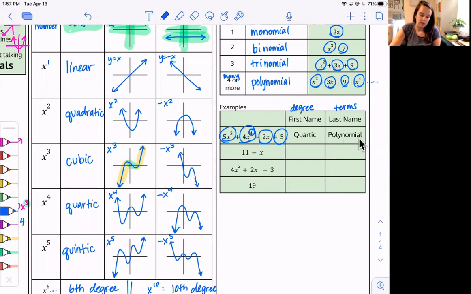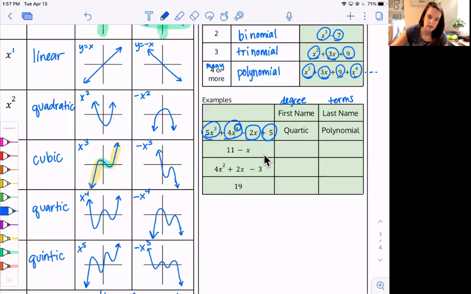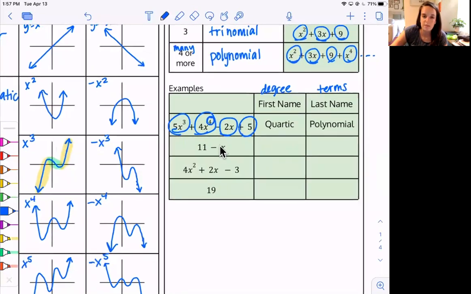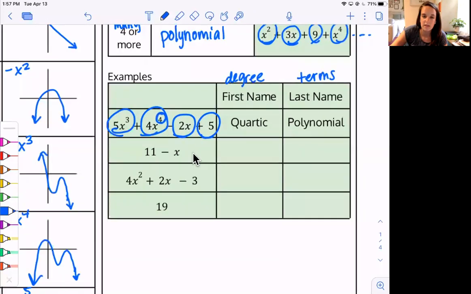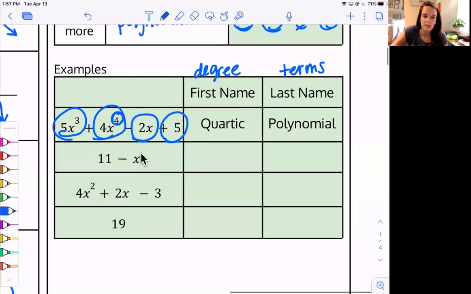Awesome. Okay, so let's think about this one. What is the biggest exponent? What's the degree from 11 minus x? What's the degree? What's the biggest exponent here? It's kind of funky. There's an x here, but the x is all by itself.